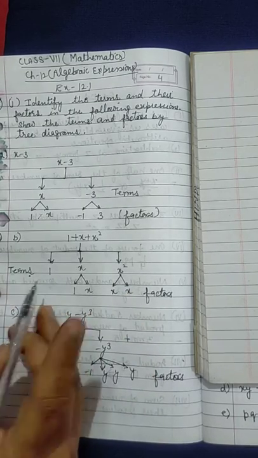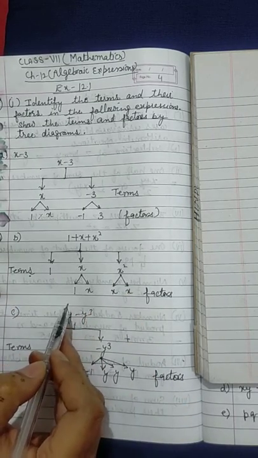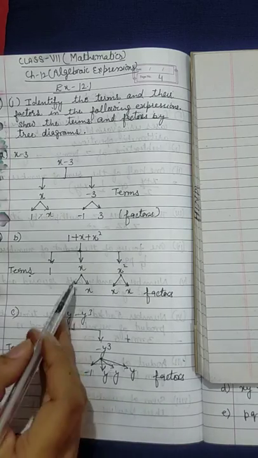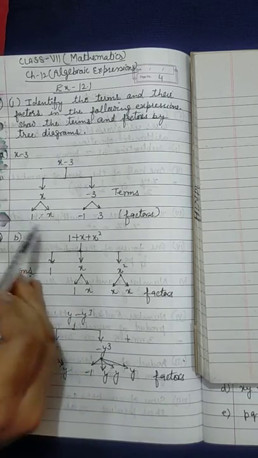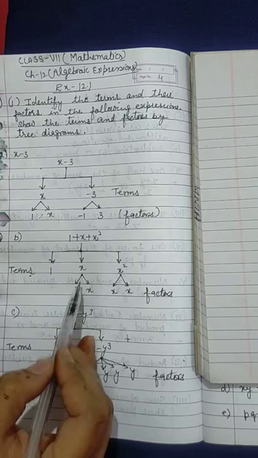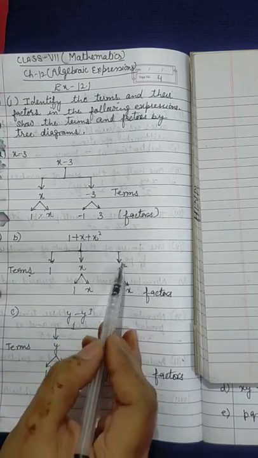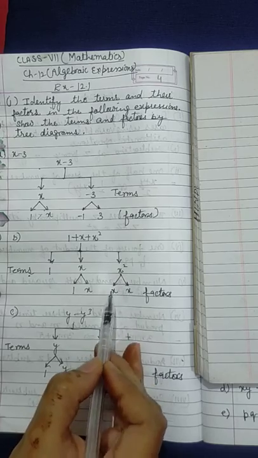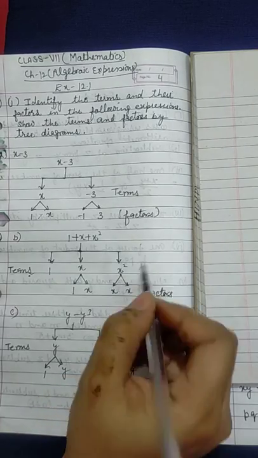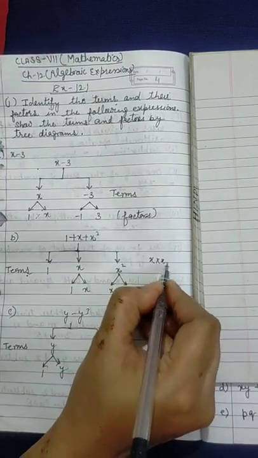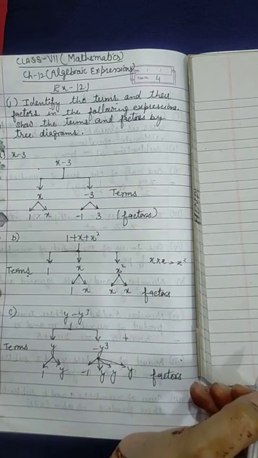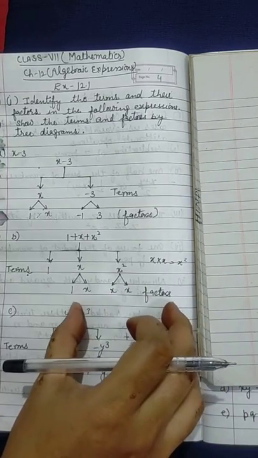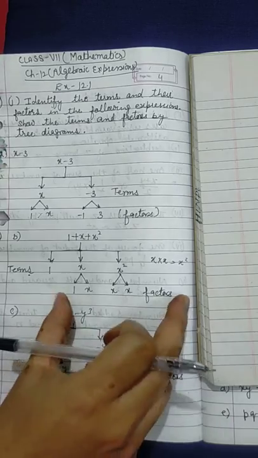As 1 is there, no need to write the factors of 1, because 1 is 1 already. Then x is there, so as in the first part we write x as 1, then x. Then x squared: it means we write x 2 times, because when we multiply x with x, it equals x square. In this way we can represent their factors.